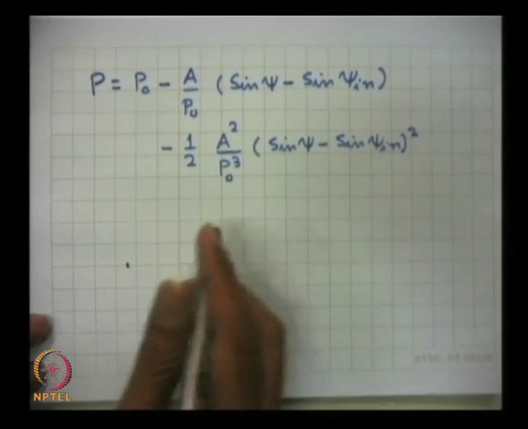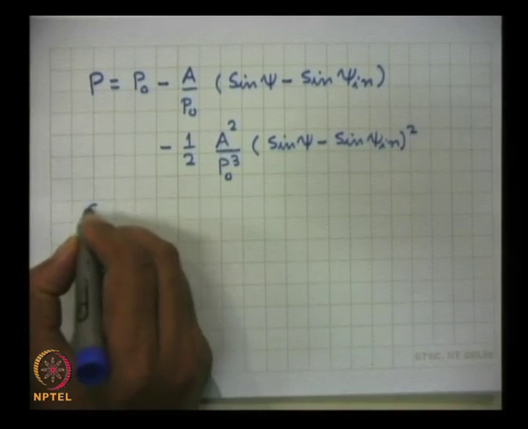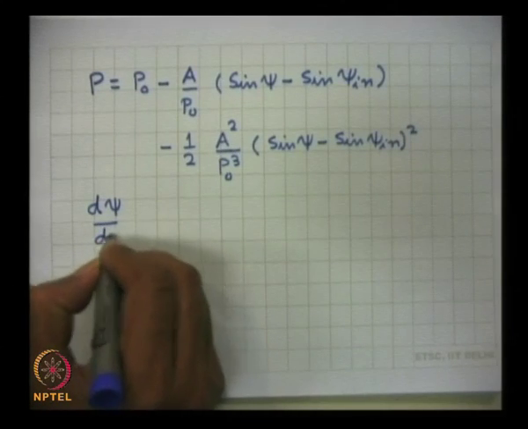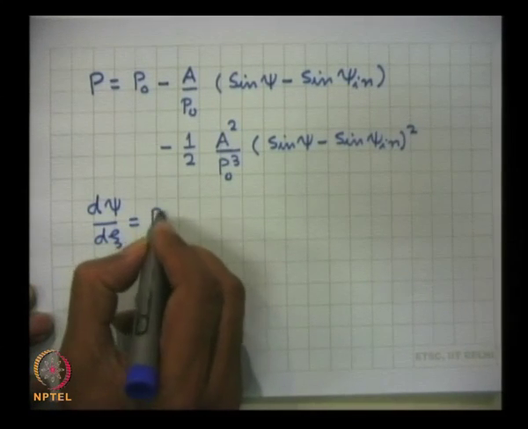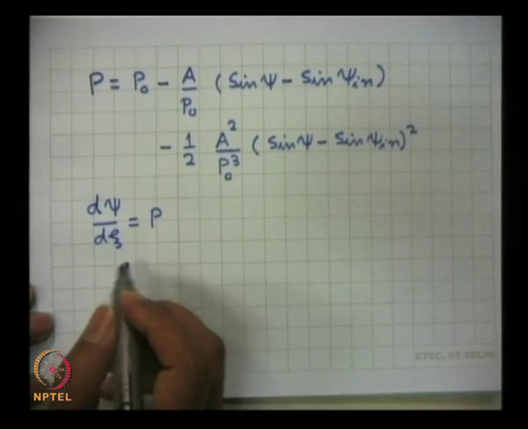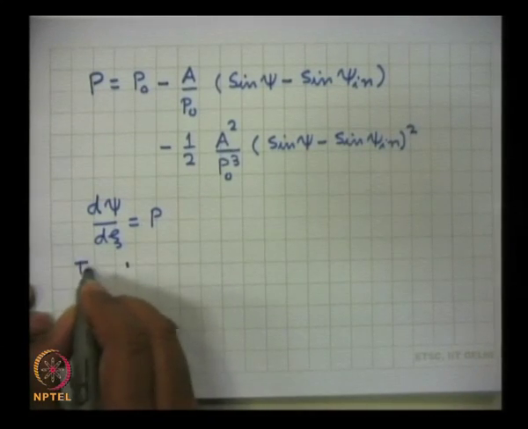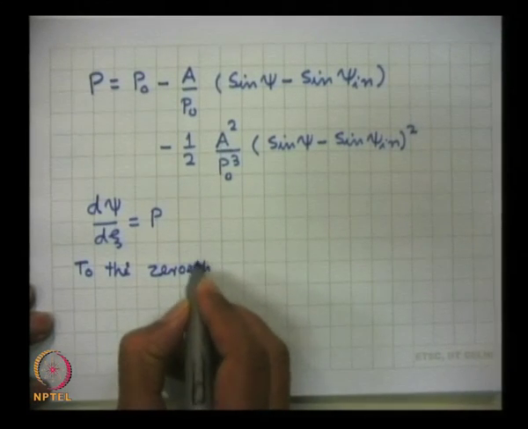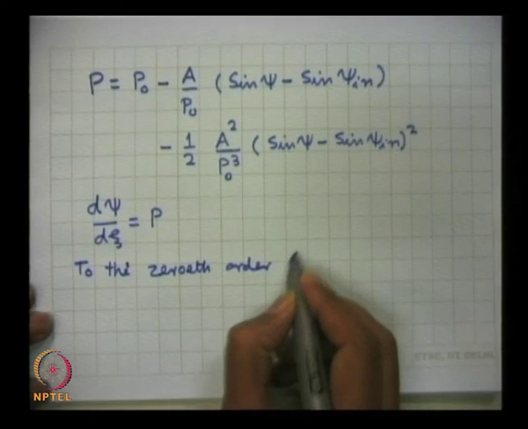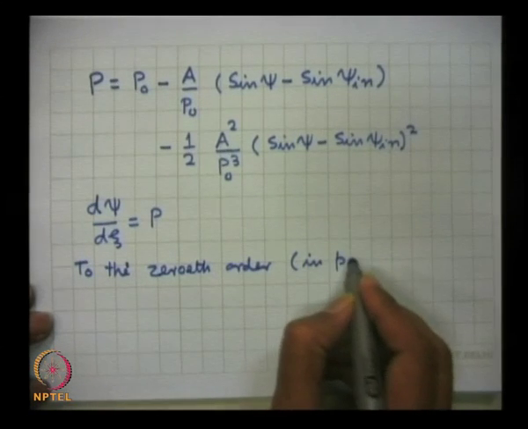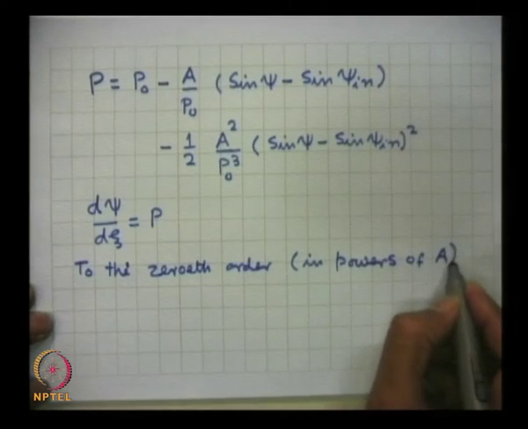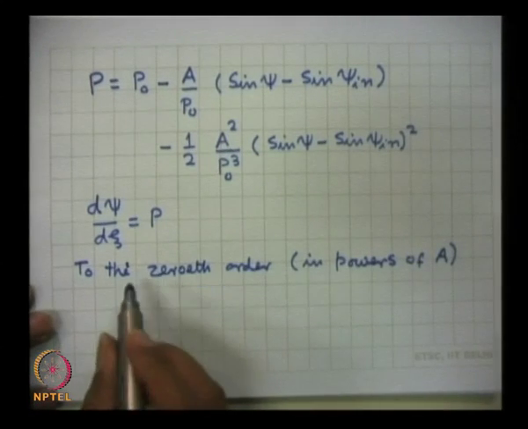What do you have to do? The equation that we have to solve along with this one is d psi by d xi is equal to P. First we ignore A terms here. So, to the 0th order in powers of A. A is the amplitude of the ponderomotive force.